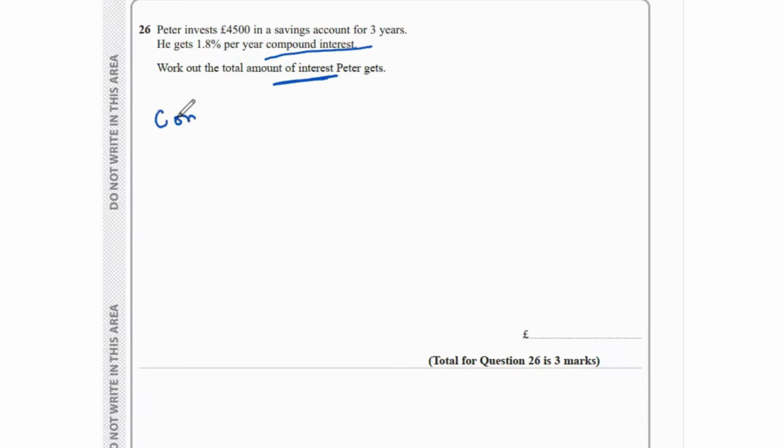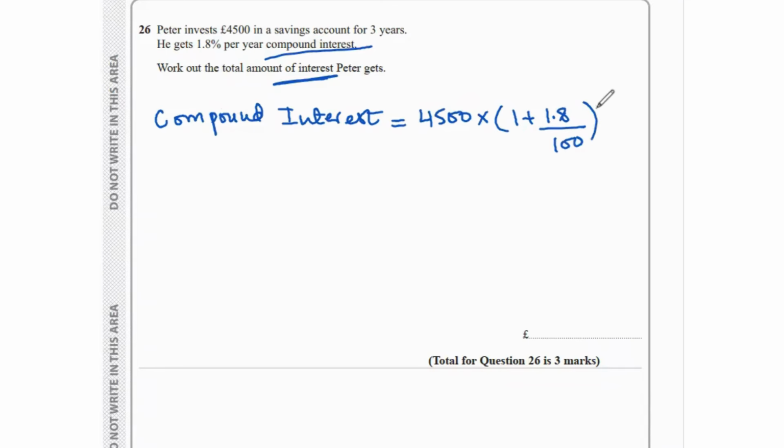So the compound interest formula is basically going to give us the final amount after the investment with the interest added to it. So that's 4,500 times 1 plus 1.8 over 100 to the power of 3. Your formula is P times 1 plus R over 100 to the power of T. T is your time period, R is rate of interest, and P is your initial investment.